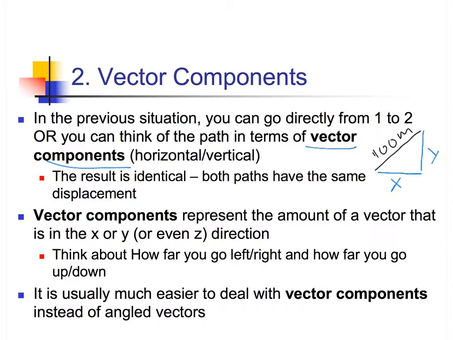That would mean that when we walk 100 meters at that angle, we end up 70.7 meters east of where we were, and we end up 70.7 meters north of where we were. These would be the vector components.